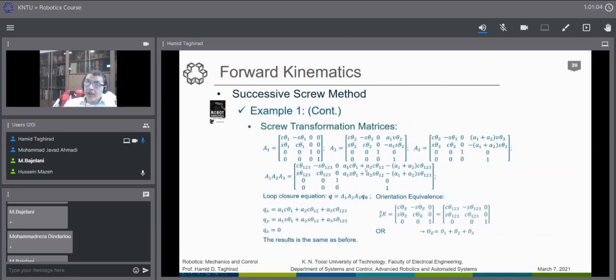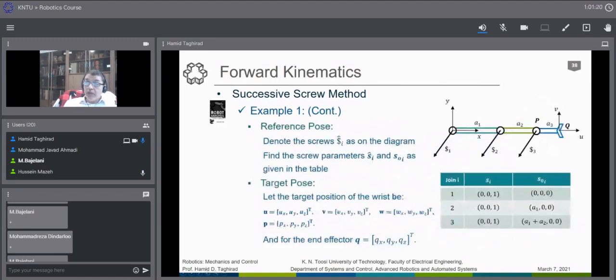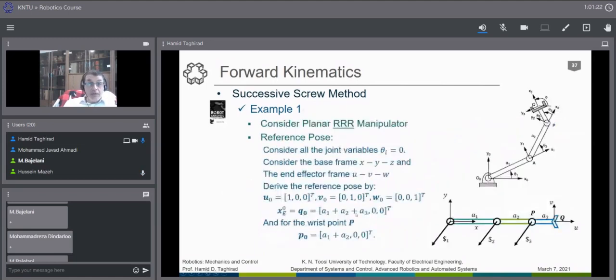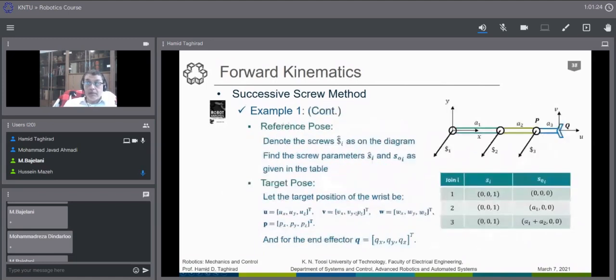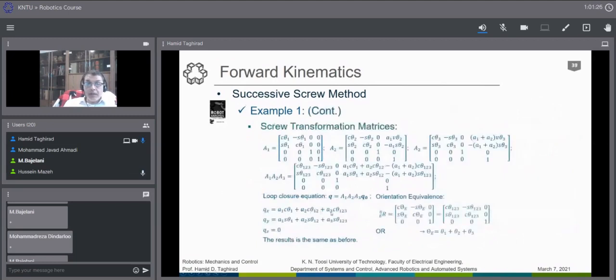What will be remaining? We have A1 here, A2 C theta 1, theta 2, and then we have A2 plus A3 with a minus sign, and A1 plus A2 plus A3 with a plus sign. So what will be remaining? This part.